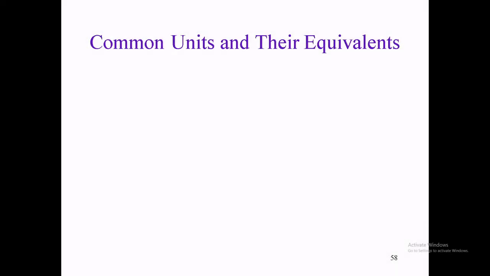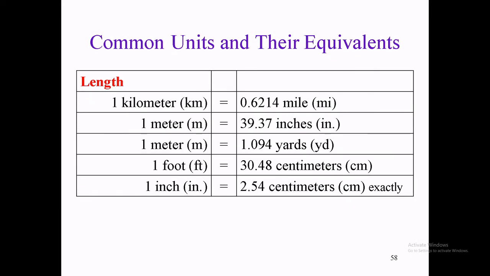One of the things that's going to be really useful to us as we're working through our problems is to have different statements of fact about the relationships between different kinds of units, because these are going to be the basis of our conversion factors.